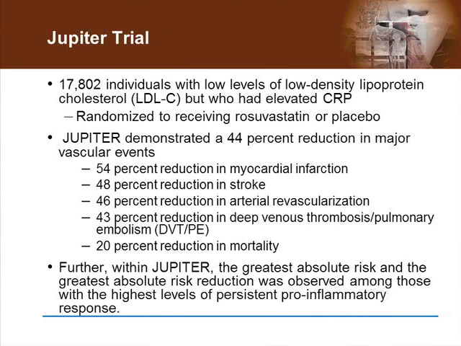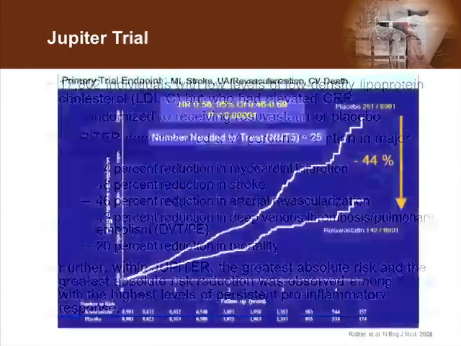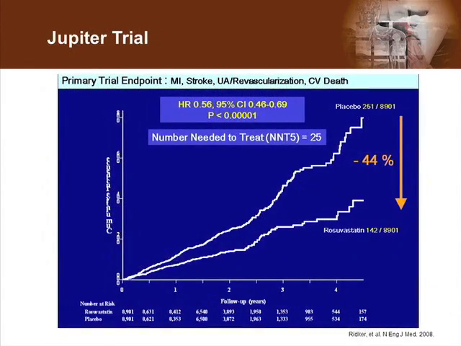In the general population, there was a landmark study called the JUPITER trial, looking at greater than 17,000 individuals with low levels of LDL, meaning normal LDL lipid targets, but they had an elevated CRP. So they randomized this group to receiving rosuvastatin or placebo.